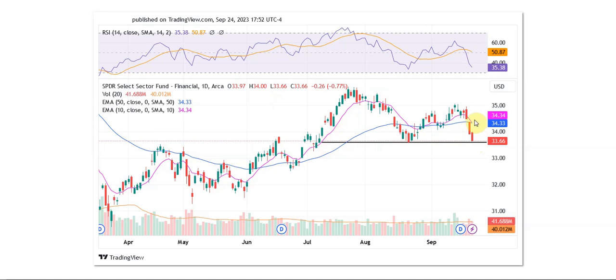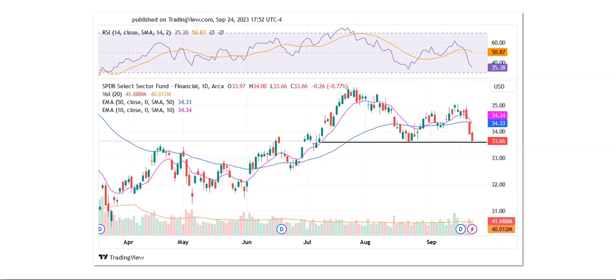The index is trading below both moving averages, the 10 and the 50, and we're basically one on top of the other here. Have not crossed, but look how close we are, just 0.01 away from crossing over each other. And the RSI is crossing 50. So everything's bearish, except, all I can say here is that we are on support.